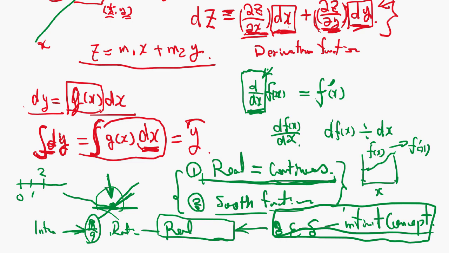So 2 plus some infinitesimally small number is next to 2. And we cannot define this by writing, because it's a continuous number. Get it? Well, that's the fun part of calculus.